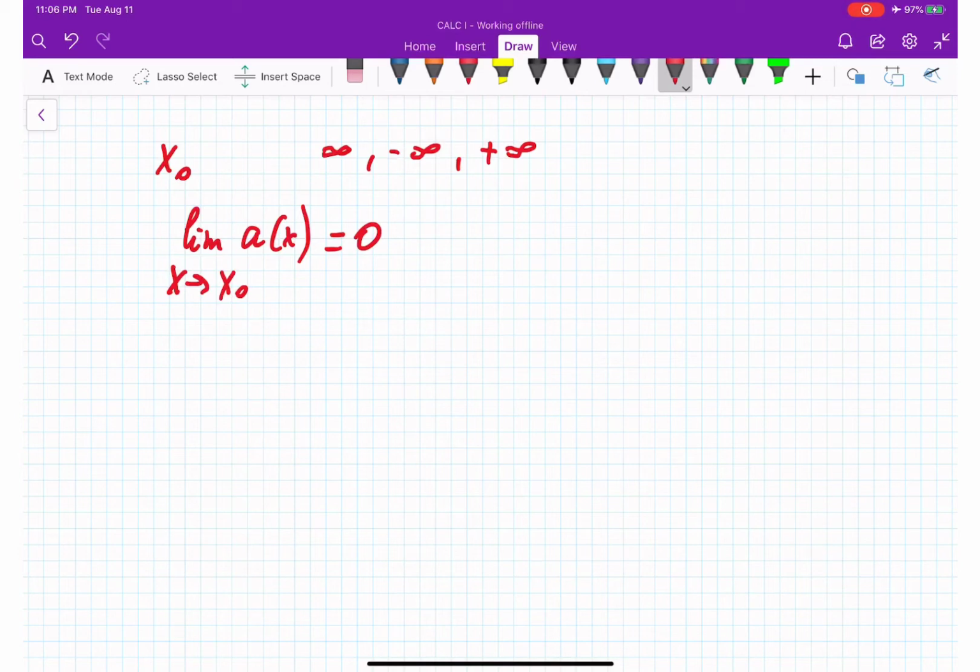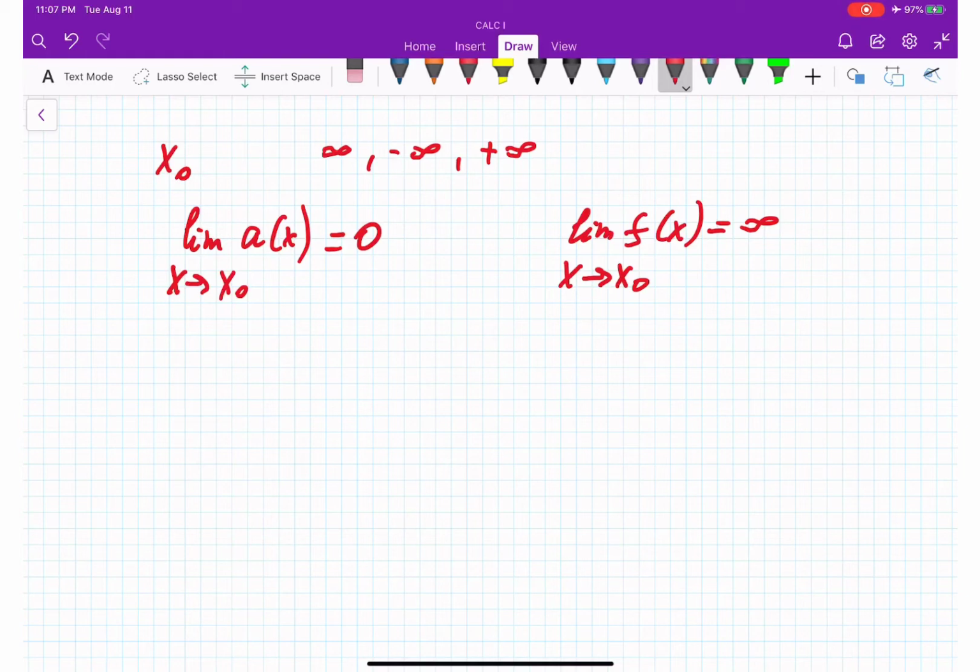For an infinitely large function, the limit of function f of x goes to infinity as x approaches the endpoint x0.